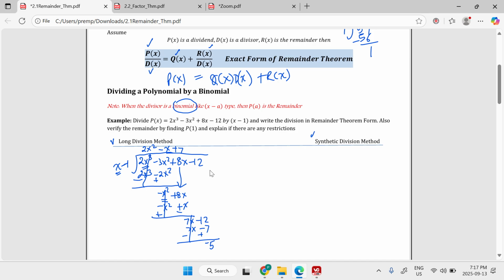So in this case we have q(x) as 2x squared minus x plus 7, and r(x) is a constant, so it's just negative 5.